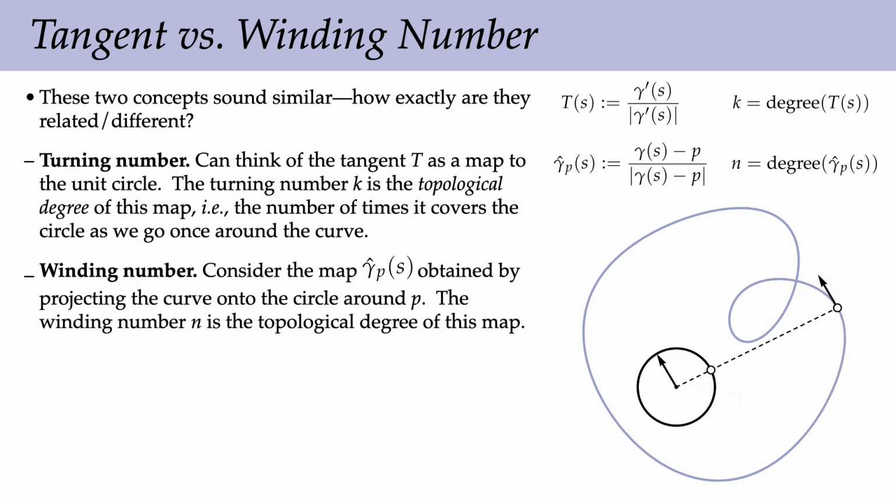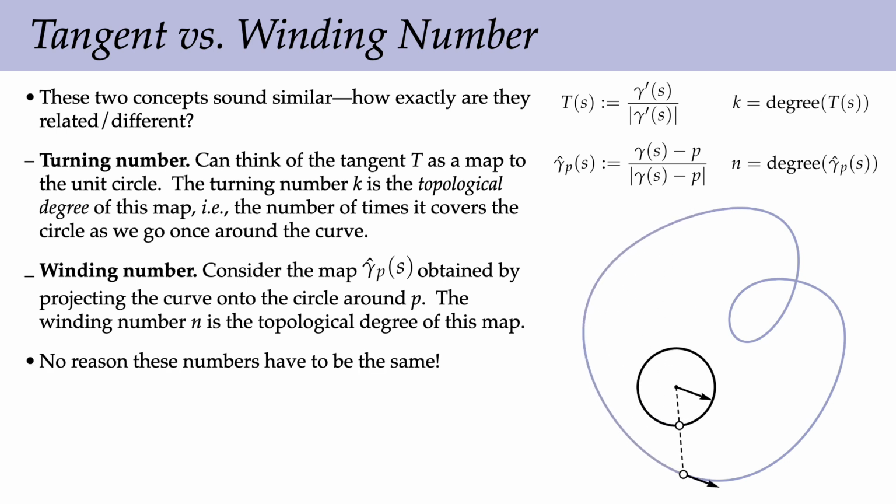What that tells us is the turning number for this curve is bigger than the winding number for this curve. In general, there's no reason why these numbers n and k have to be the same. They tell you different things about the curve. However, there is a very direct relationship between the winding number and the turning number. Do you see what it is?